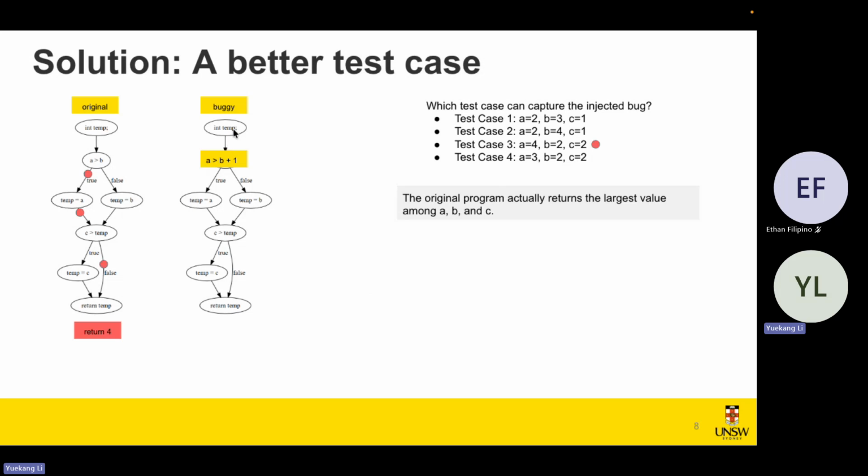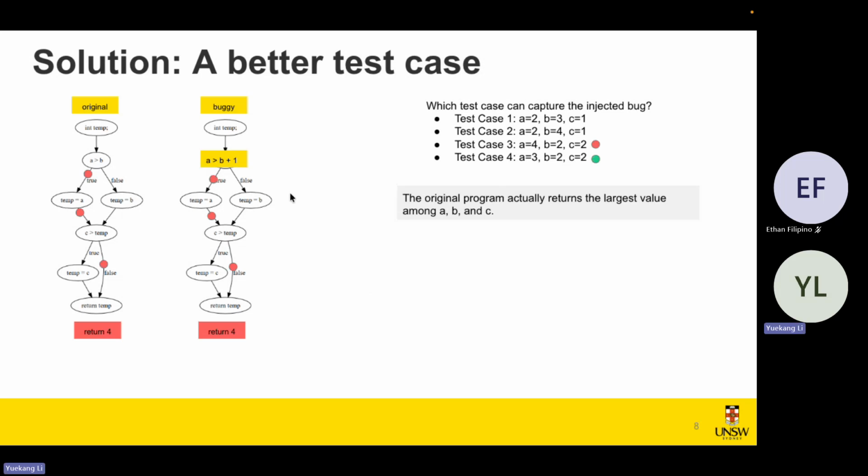And for the buggy program, it will still take the true branch after the first if, because 4 is still larger than 2 plus 1. And it will still take the false branch, and it will still return 4. So we cannot see the difference of the return values between these two versions of the program. So test case 3 cannot actually be used for capturing this injected bug.